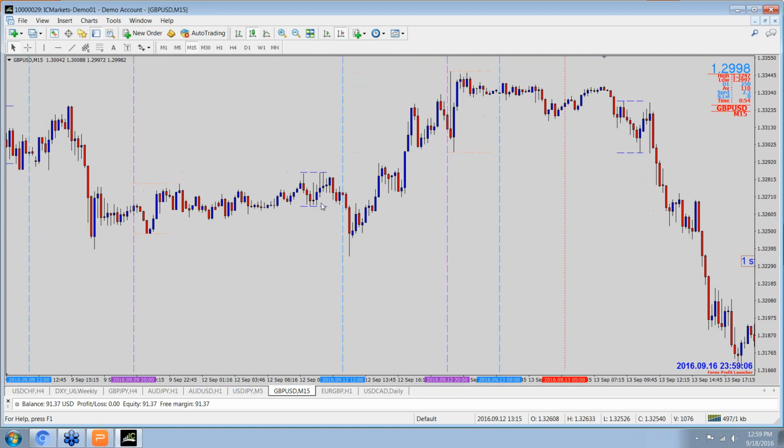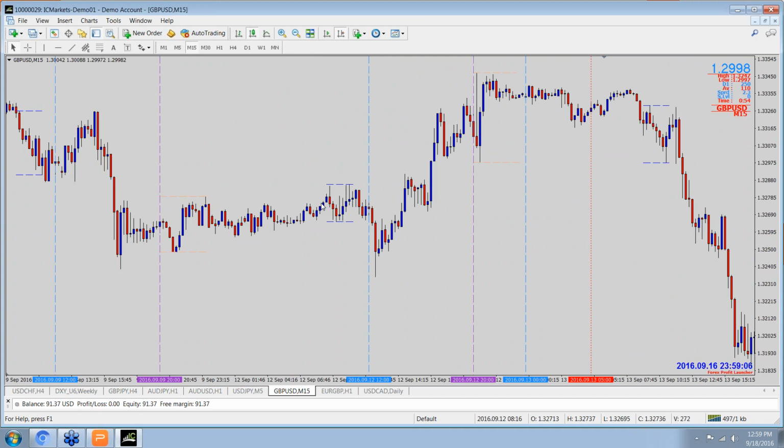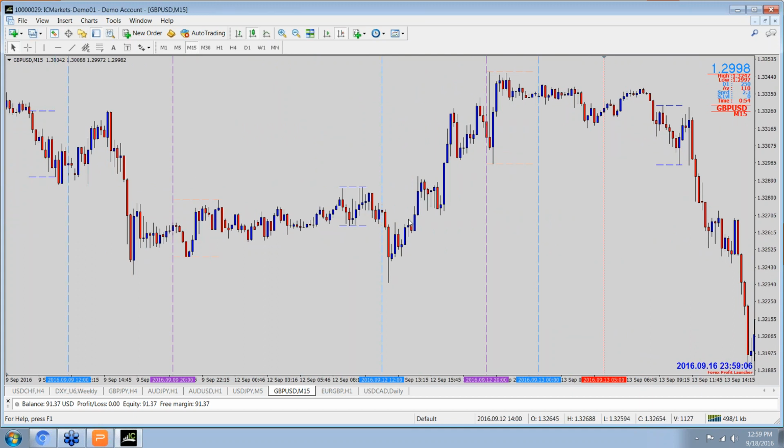All right, let's look at another example here. As I've said, you're going to have some up days and some low days. This isn't a guaranteed strategy; we're just looking for the most probability.